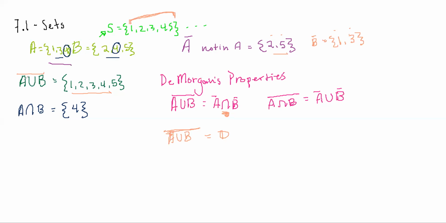Then the complement of the union of A and B is just going to be empty because there's not going to be anything in that sample space. Okay. So a lot of 7.1 questions were just asking us to work with these sample spaces.